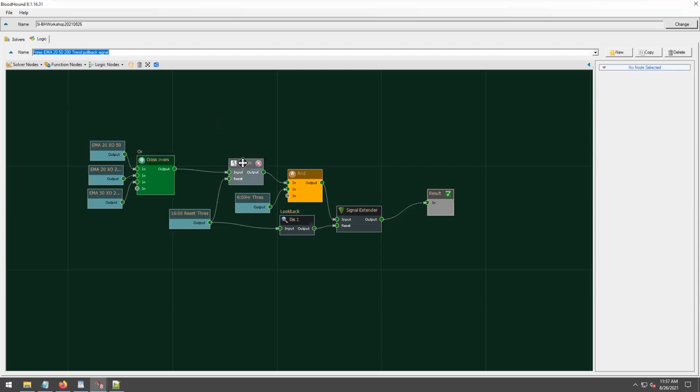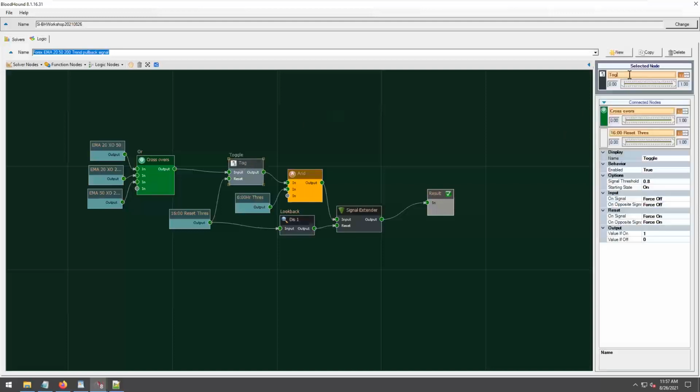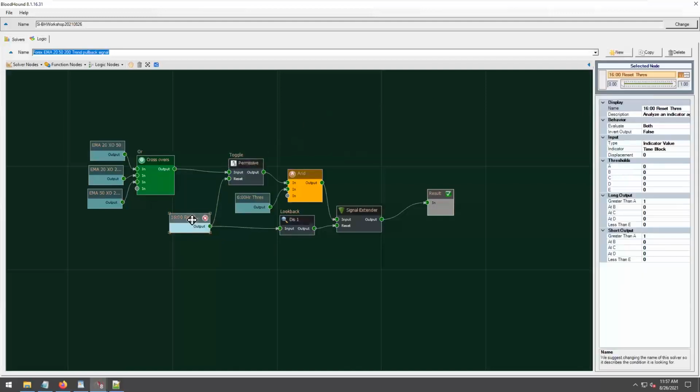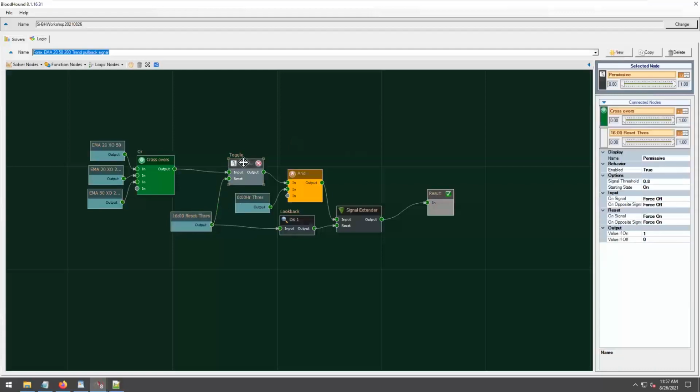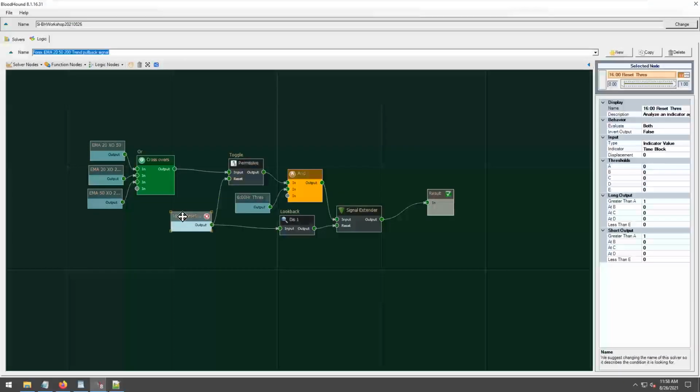Then we're using the toggle node as our trade permissive. We have our reset signals here. Our toggle node needs to be turned back on every day in case it gets turned off. If there is a crossover, it'll turn the toggle node off. And so at the end of every day, we need to turn that toggle node back on. So that's what our reset signal is doing here.